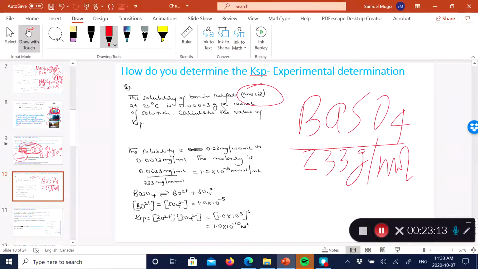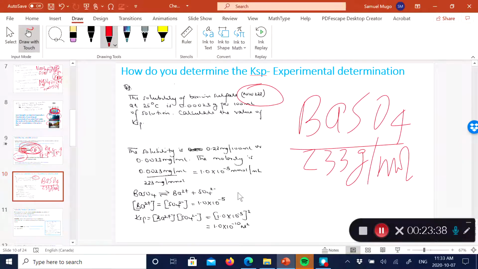To determine the KSP, you would take the salt and add it to a known volume of water until you cannot dissolve more salt. Then you can measure the respective concentrations of barium ions and the respective concentrations of sulfate.